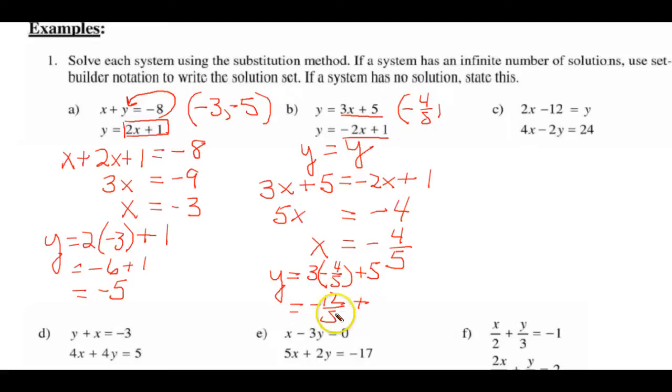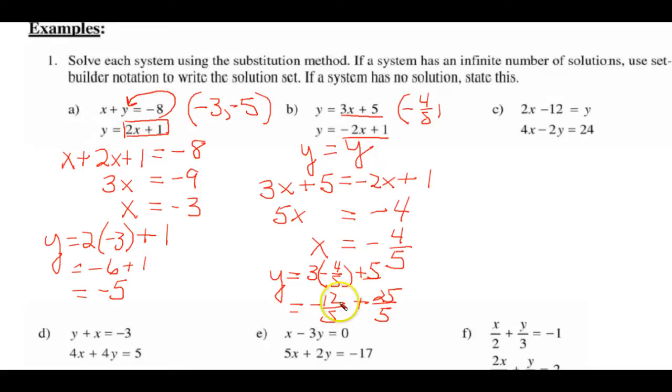So I just multiply both by 5 and I get 25 over 5. So this was 5 over 1. Multiply the 1 by 5, multiply the 5 by 1. 25/5 is 5.